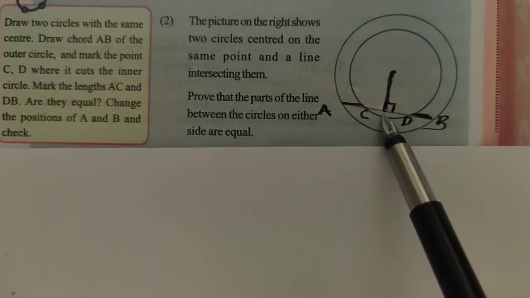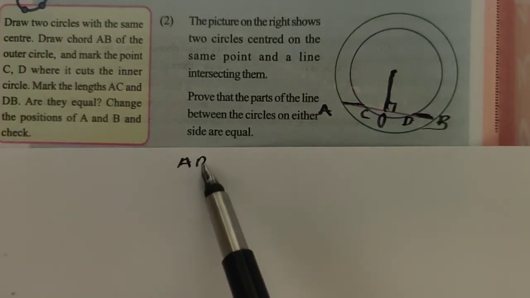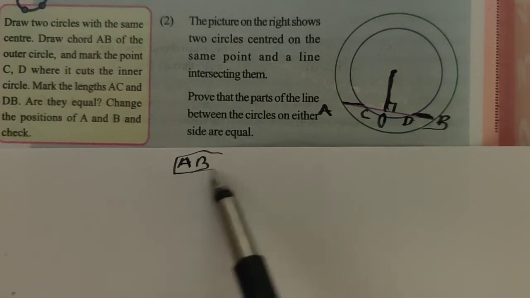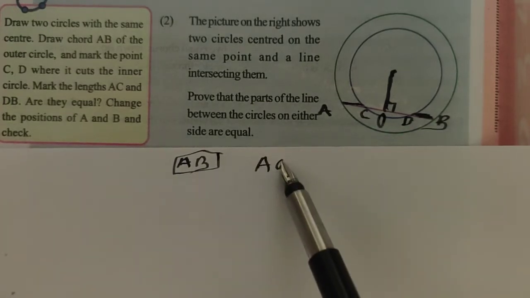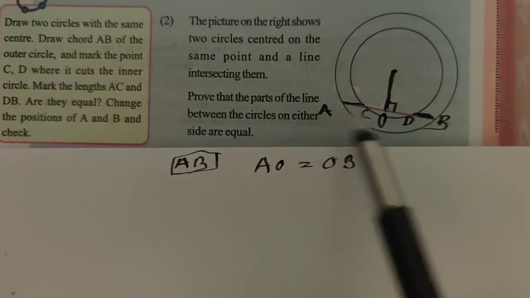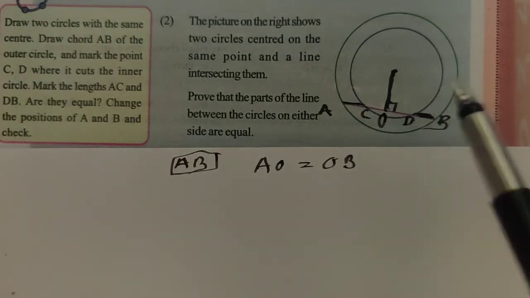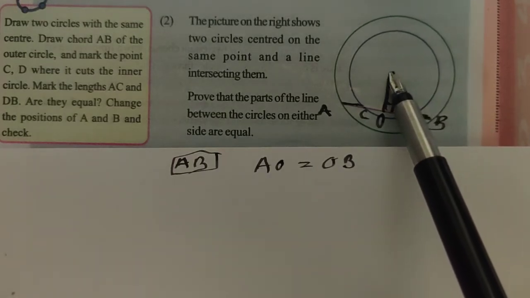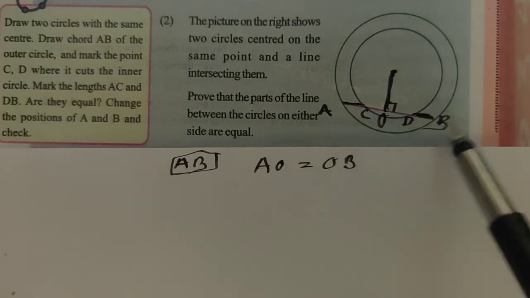This point is O. Then we can say AB is a chord of the large circle. Therefore, AO is equal to OB. What is the reason? The line joining the perpendicular from the center to a chord bisects the chord.